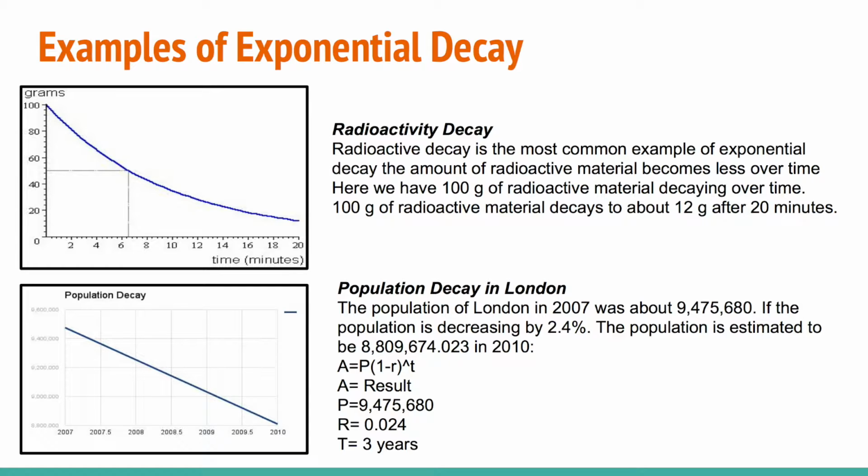And once we apply all the values in the formula, we get that the population is estimated to be 8,809,674.02 in 2010.